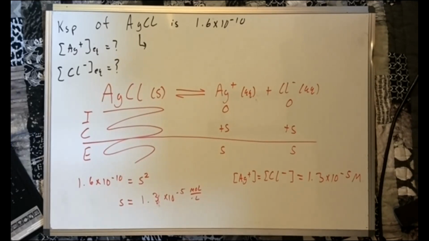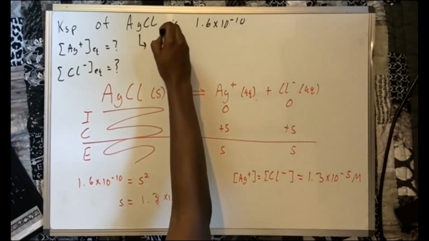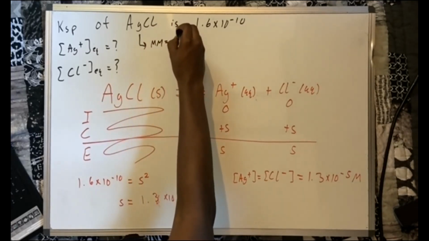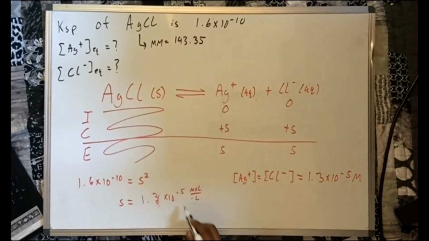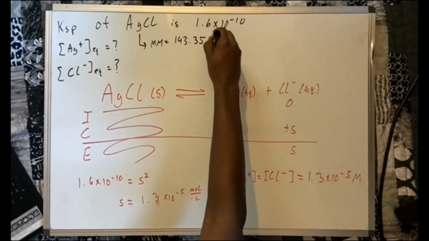107.9 plus 35.45. So the molar mass is 143.35 grams per mole.